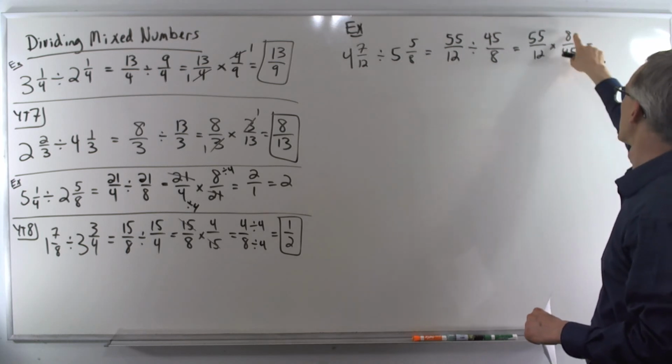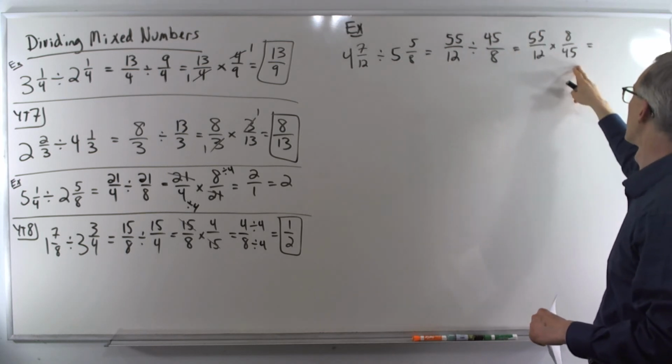We've got 8 and 12, those have a common factor of 4. 55 and 45 have a common factor of 5.